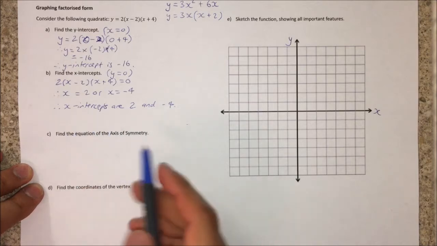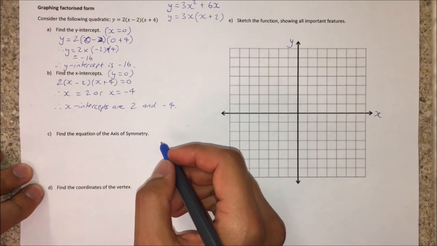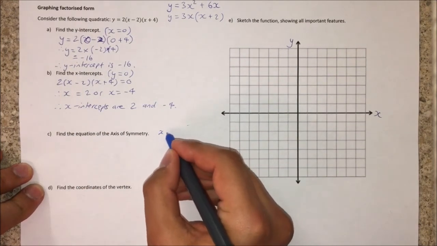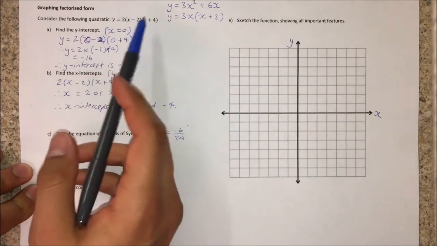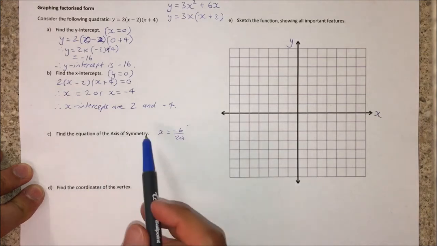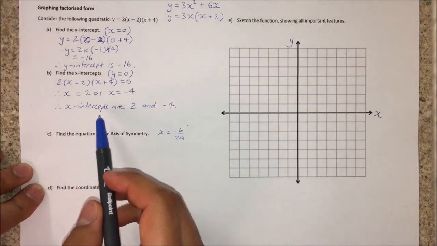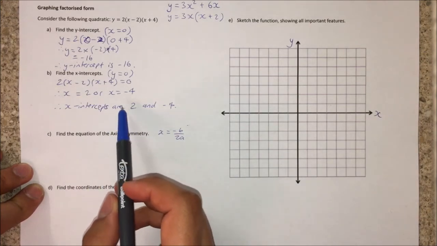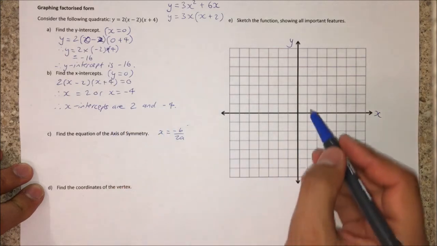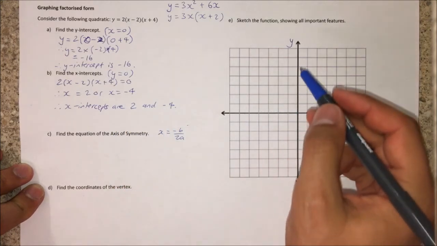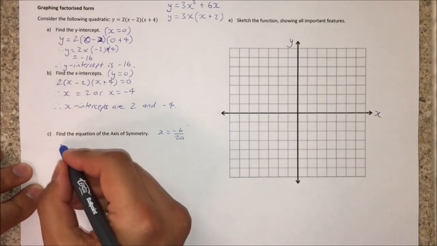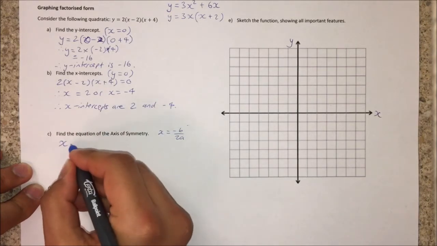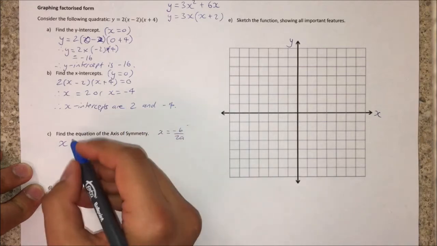Now the equation of the axis of symmetry. So when it's in general form, you've been using x is equal to minus b over 2a. However, we don't have it in general form. So how can we find the axis of symmetry? Well, we know where the quadratic crosses the x-axis, so at 2 and negative 4. And so the axis of symmetry is going to occur halfway between these two x-intercepts. So the equation for the axis of symmetry is just going to be add them together and divide by 2.